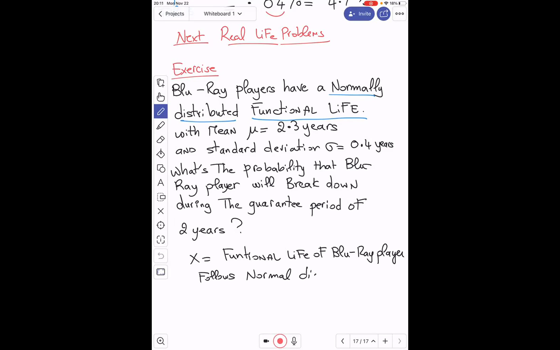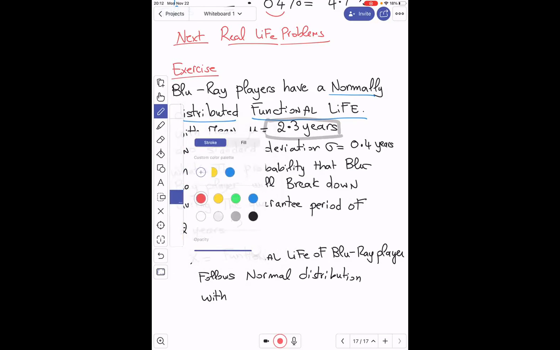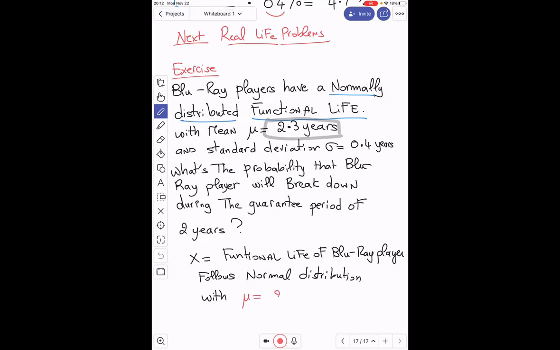Some normal distribution. But we know the mean of the functional life of a Blu-ray player. As you can see, the mean is 2.3 years, and the standard deviation sigma is 0.4 years, of course.